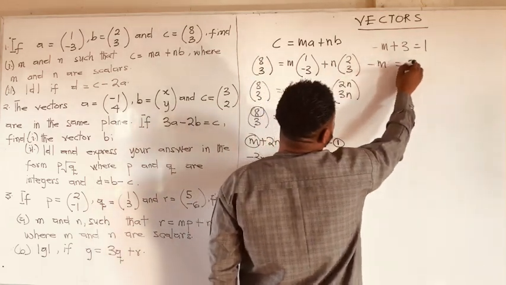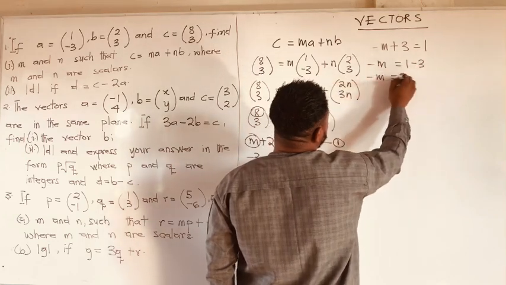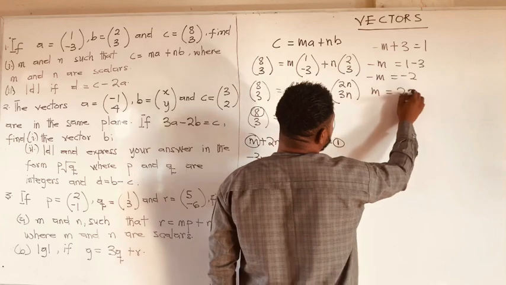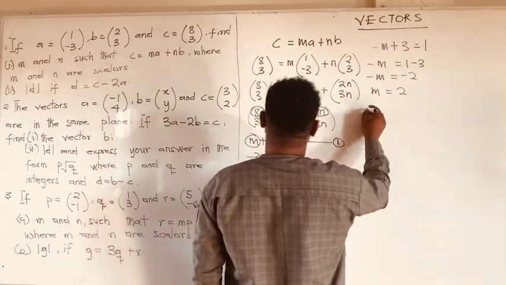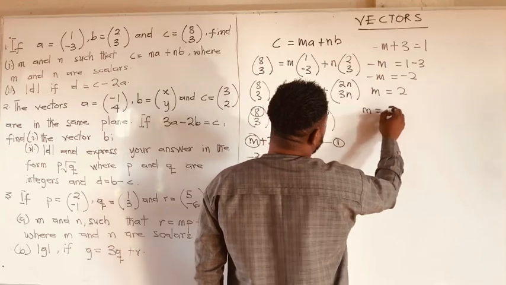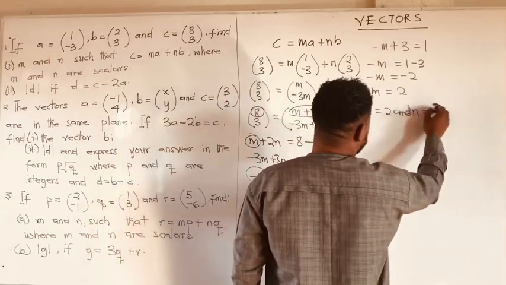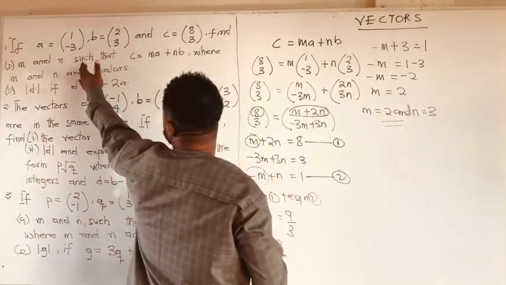Minus M equals 1 minus 3. So minus M equals minus 2. Therefore, M will be 2. So we can now conclude that our M equals 2 and our N equals 3. So this is how we can answer the first one, which is part I.